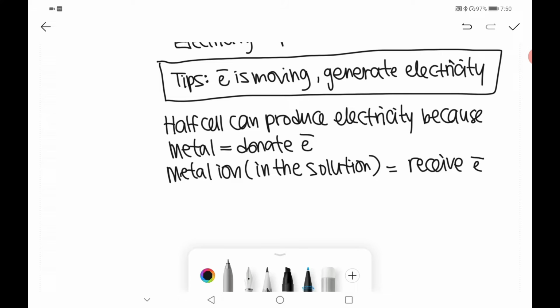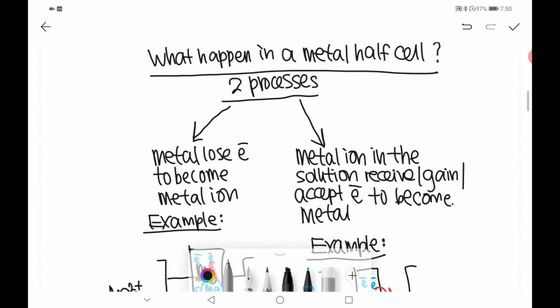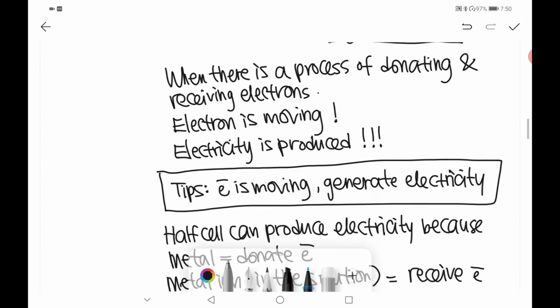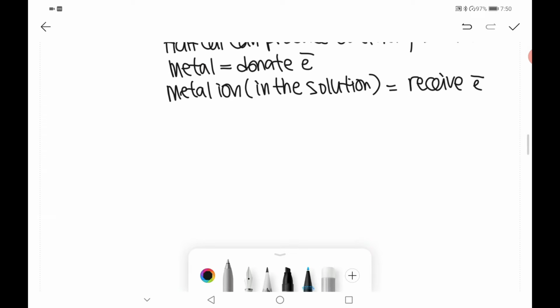So in a half cell there's somebody donating electron, there's somebody receiving electron. That's why a half cell can produce electricity.